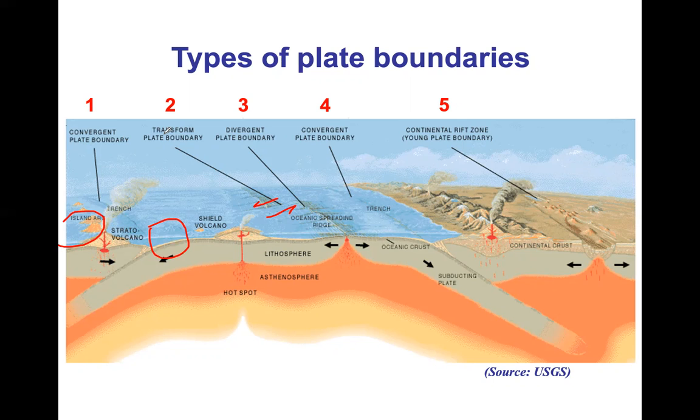And the second situation is transform plate boundary. That means it's a single plate, but it's kind of fragmented or ruptured. Once you have this rupturing, that is what we call faulting, right? Fault, F-A-U-L-T, fault. It's a geological term. We call it faulting.